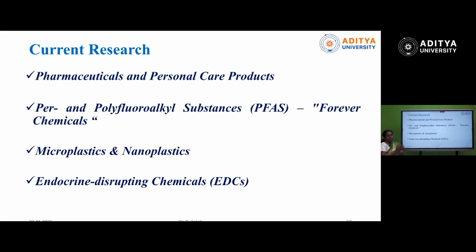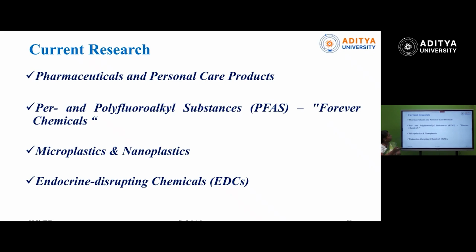Next one. So what is the current research? If you see 2024 or 25 papers, these are the areas where more research is currently happening. Scholars or MTech students can focus on this research: pharmaceutical and personal care products. I showed you that in pharmaceutical compounds, n number of groups are there still to study, so you can pick anything from there.